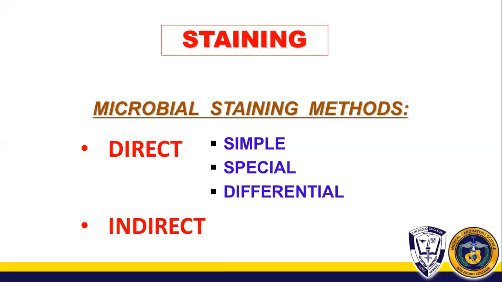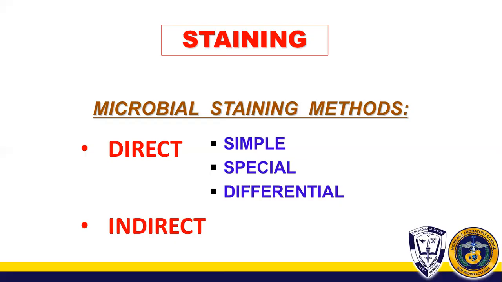The other type would be indirect staining, wherein the background is the one that's stained, leaving the organism to be identified as colorless. But in effect, it is actually helpful because the light or colorless organism appears highlighted against the dark background in the indirect staining.